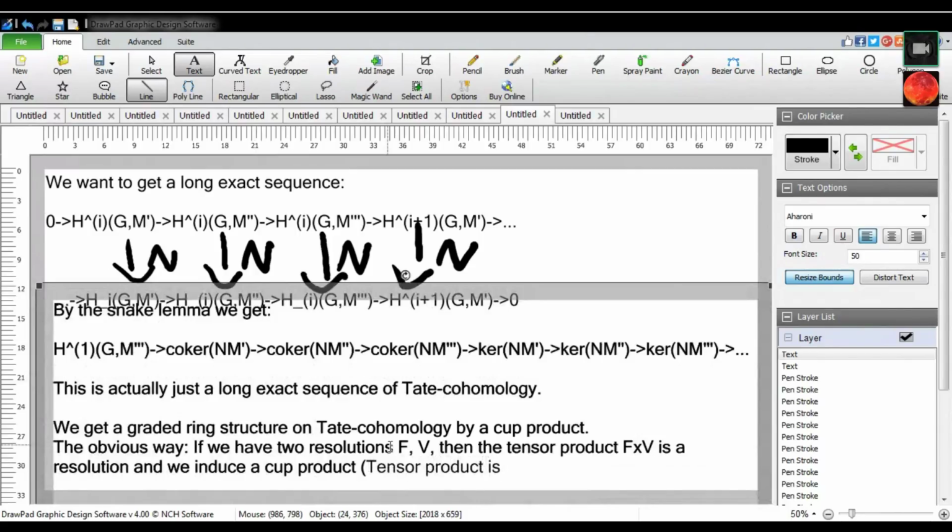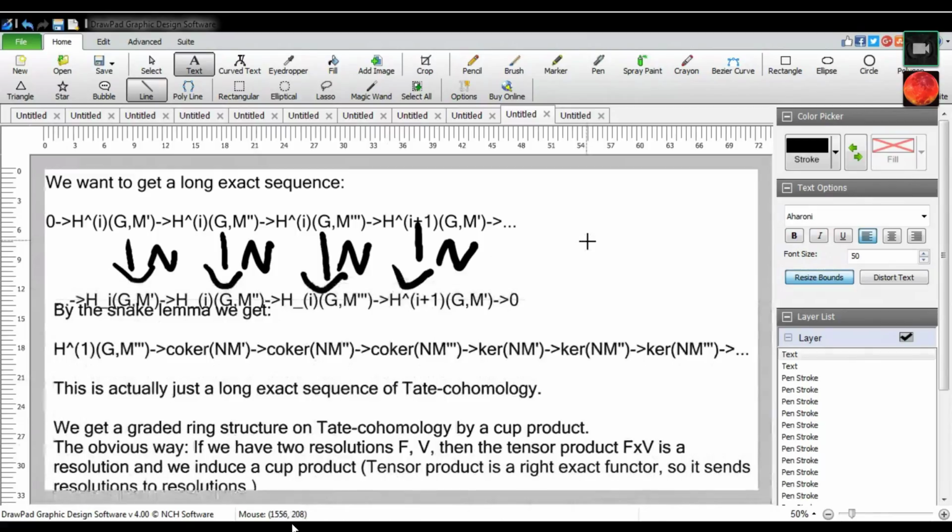Tensor product is a right exact functor, so it sends resolutions to resolutions. And this is the entire proof of the definition of the normal cup product in the normal group cohomology. Think a minute about this and then tell me why this doesn't work in Tate cohomology.